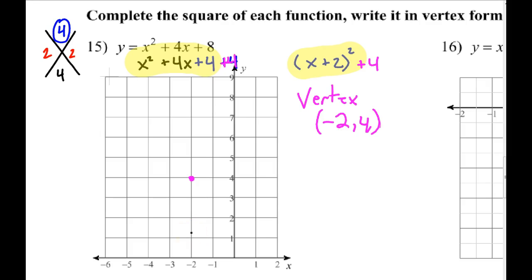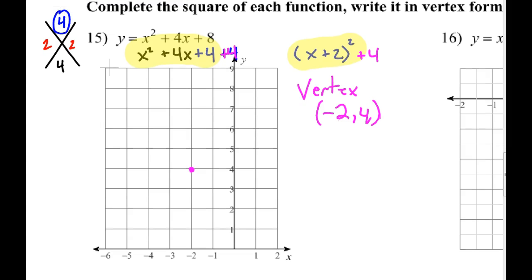Is this opening up or down? What's the y-intercept? Look at the original question. What's the y-intercept? Just like on the quiz, you plug in 0.